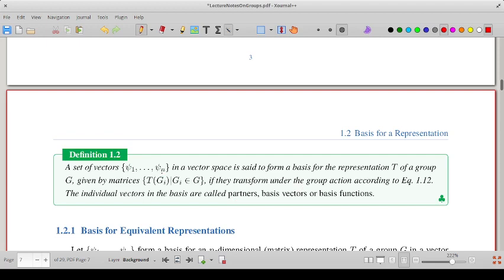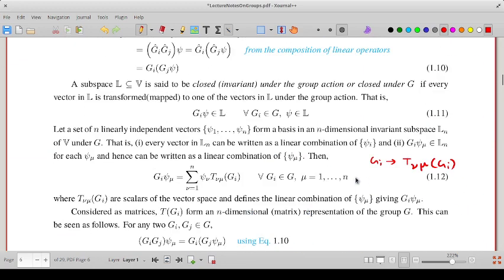So a set of vectors psi1, psi2, etc. up to psi n in a vector space is said to be a basis for the representation T of a group, given by the matrices T(Gi) for every element Gi of the group, provided under the group action they transform according to this rule.